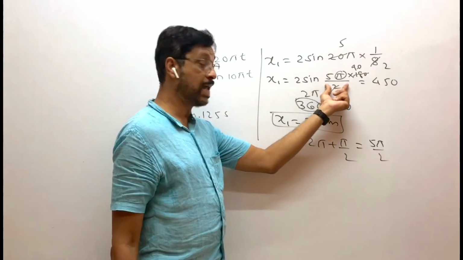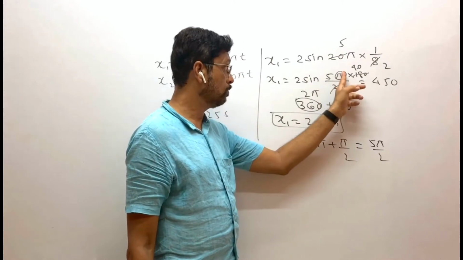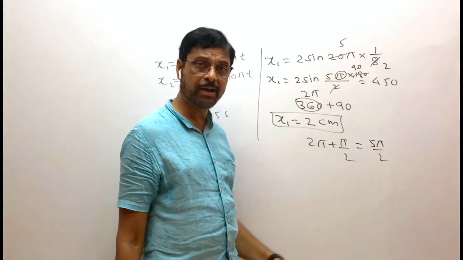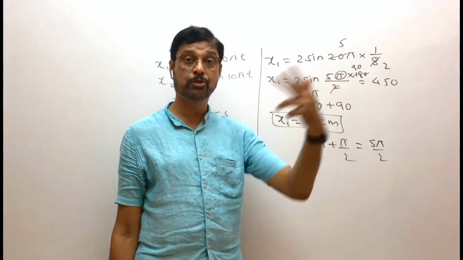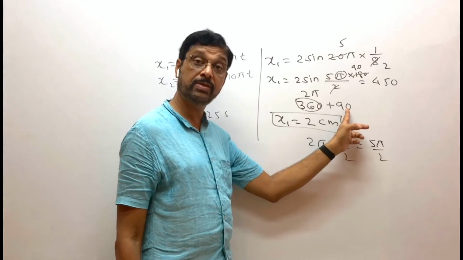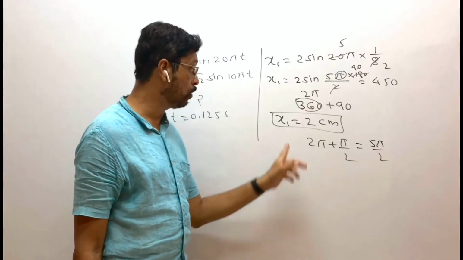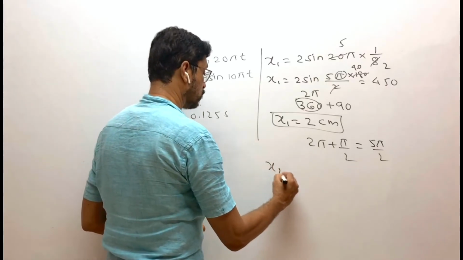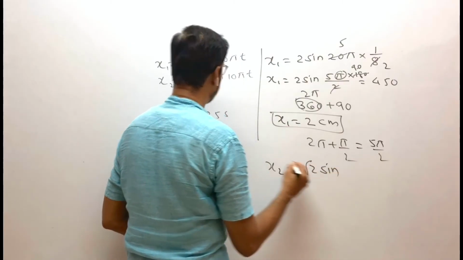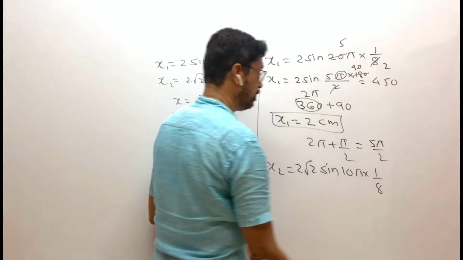So you can directly say it is 2 pi plus pi by 2. 5 pi by 2 मतलब, और pi की जगह 180 डिग्री डालो, 450 आया, 450 मतलब 360 plus 90, and sine of 2 pi plus theta is sine theta. So it is 2 into 1, that is 2 centimeter. You got x1. x2 is 2 root 2 sine 10 pi t.